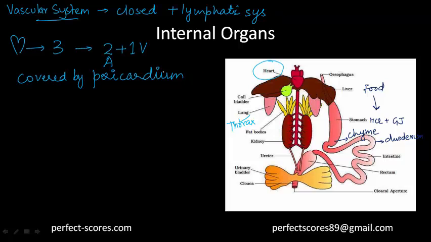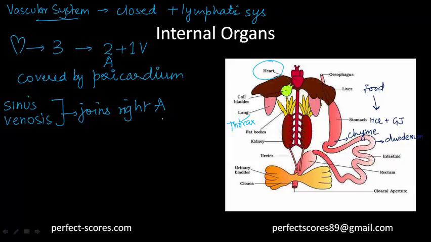The triangular structure called sinus venosus joins the right atrium. And the purpose is it receives the blood through all the major veins that are combined to form the vena cava.